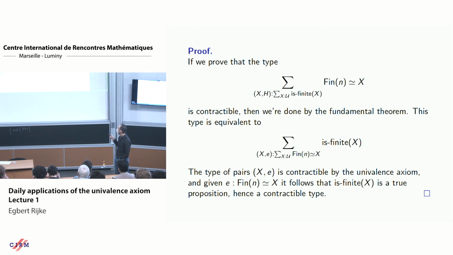But of course, we can rewrite this sigma. And again I made this typo where I say it's finite here, but I should have said that it has n elements, which means the truncated equivalence from fin n to x. Anyway, what goes on in this step? I claim that this type is equivalent to that type.